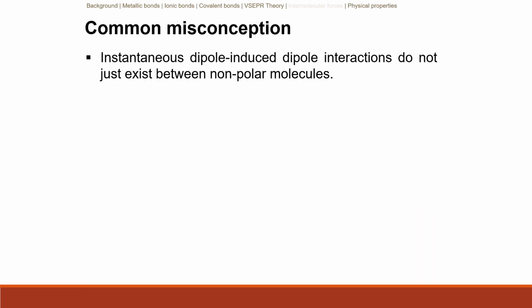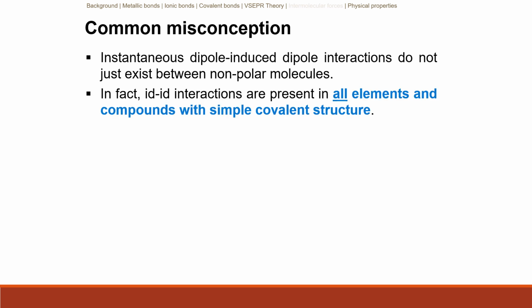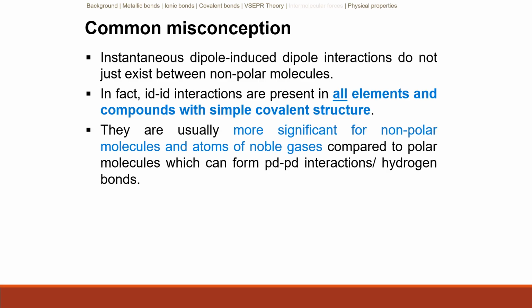Because ID-ID interactions do not just exist between nonpolar molecules, they exist in all elements and compounds with simple covalent structure. It just so happens that ID-ID interactions are usually more significant for non-polar molecules and atoms of noble gases. Because for non-polar molecules and noble gases, they only have ID-ID interactions as intermolecular forces.